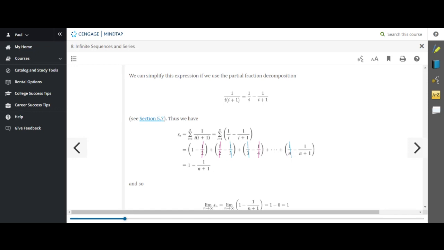But the fact is, you can have a series, like the harmonic series, where the terms approach 0, but yet the series diverges. So just because the terms are getting smaller and smaller doesn't mean that the series converges. It could diverge, as in the harmonic series.